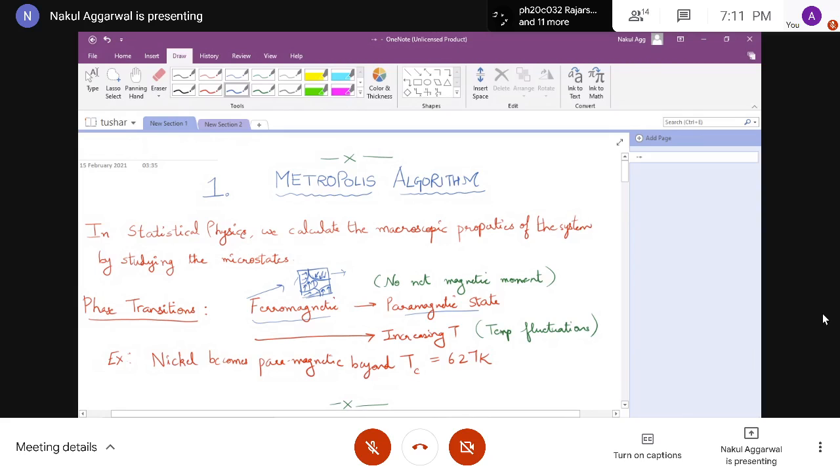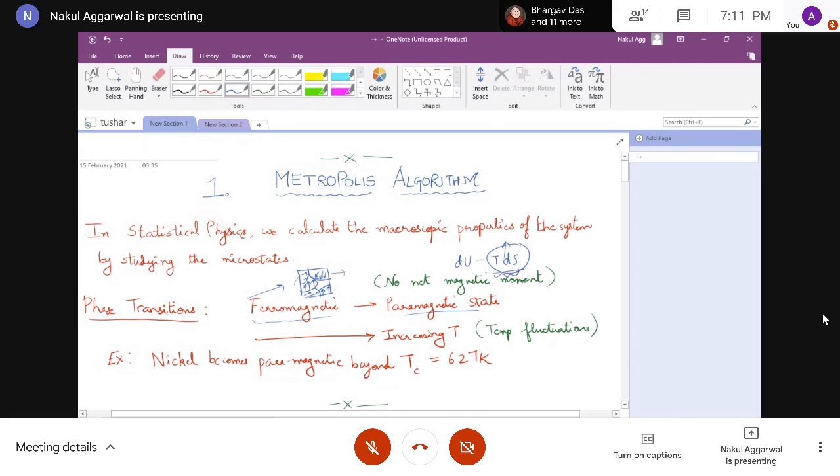The free energy is F = U - TS. When you increase the temperature significantly, this is the term which dominates, and the system becomes more and more random.